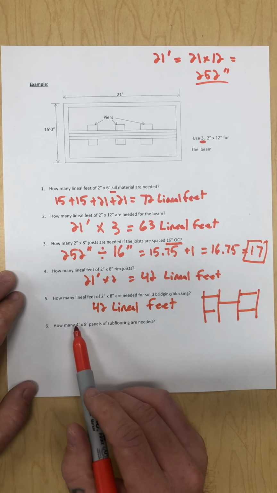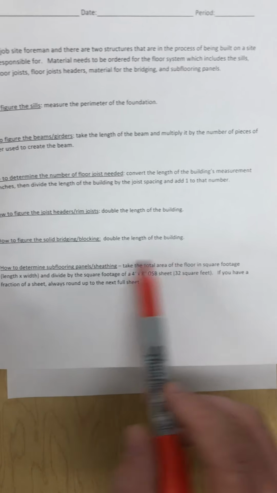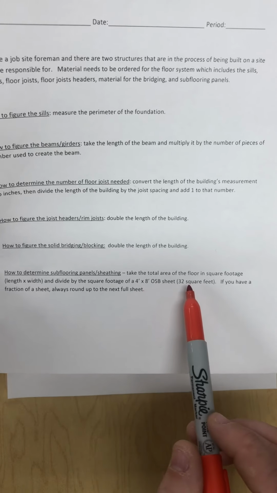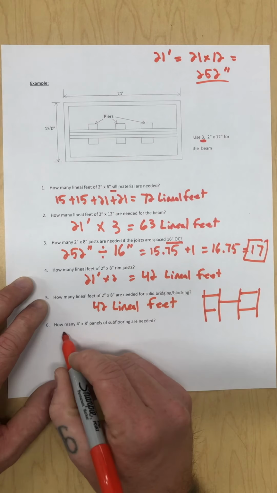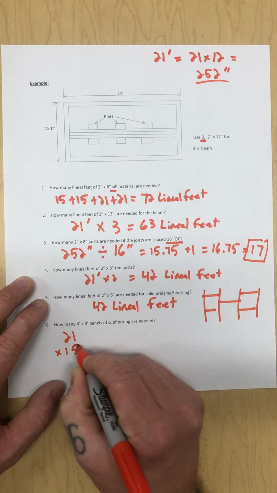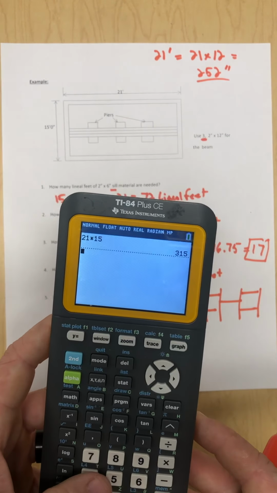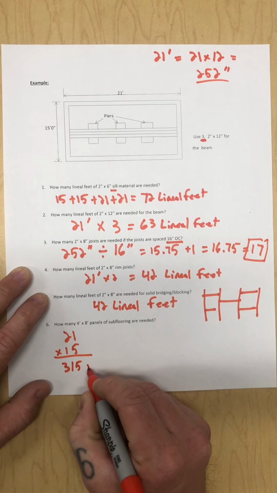And lastly, how many 4x8 panels are needed for the subflooring? So what we're going to do for that, take the area of the entire building and then divide it by the area of one sheet, which is 4x8, so that's 32. So the area of this building would be 21 times 15. And then in our calculator, that's 315 square feet. So we have 315 feet squared.